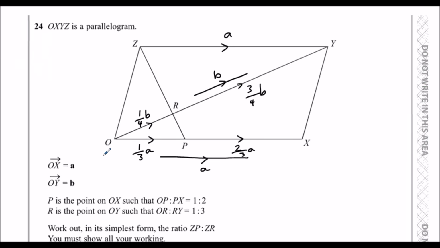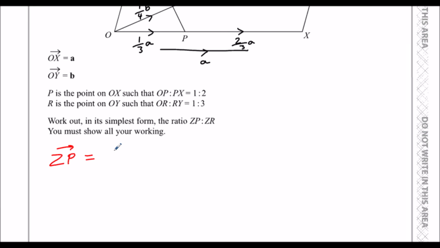We could work out Z to O first, but we may as well just go: ZP is A minus B plus 1/3 of A, which is 4/3 of A minus B.